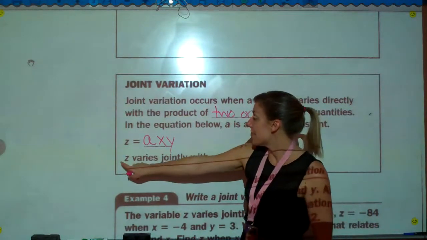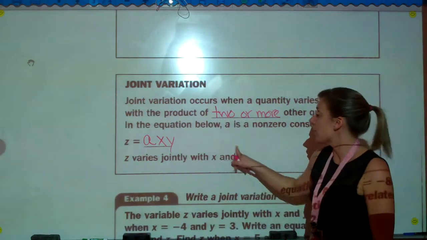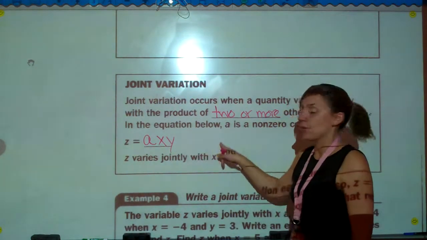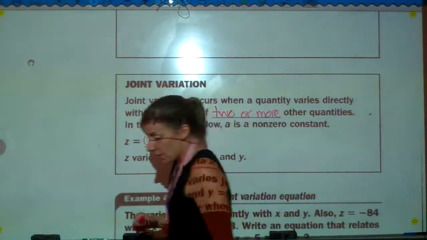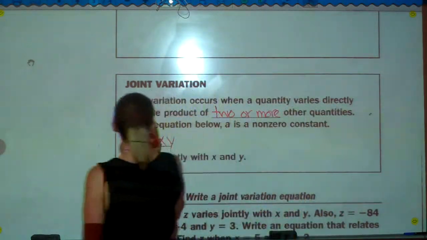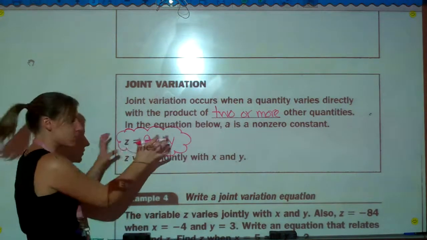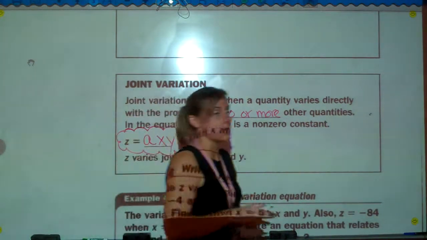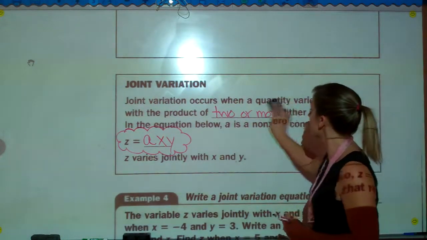So we would say it as Z varies jointly with X and Y. Okay? So whatever the multiple things that we're multiplying by are, that's what we're varying jointly with. Alright, so then we just use that relationship, we use this equation. You may want to put a cloud or a box or something around it so it's easy to see. And that's what we're going to use to answer the next questions to finish out these notes, alright?